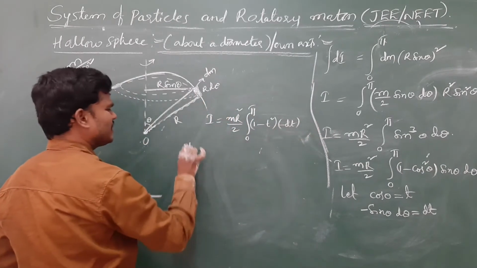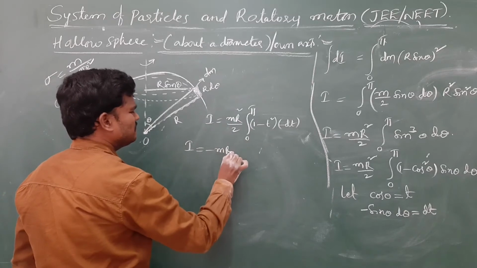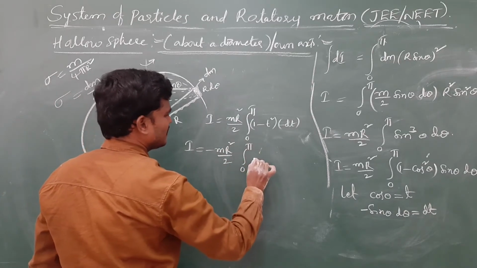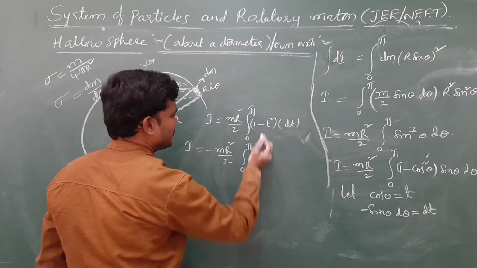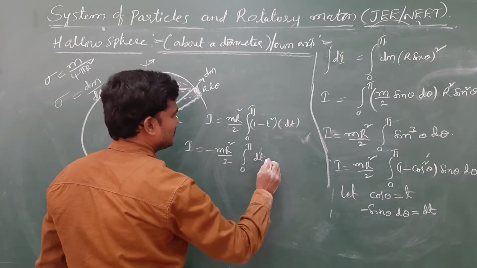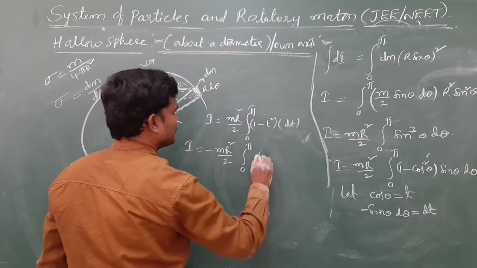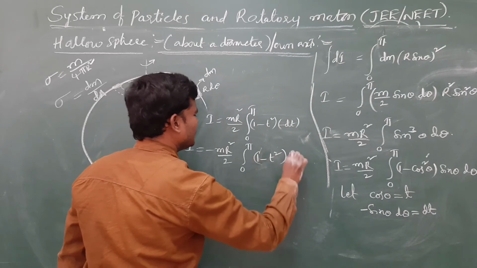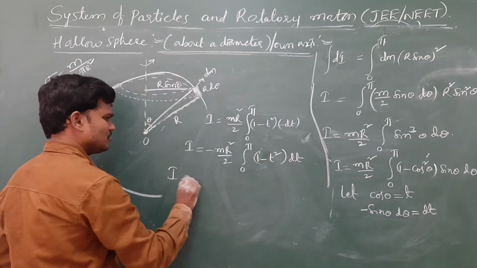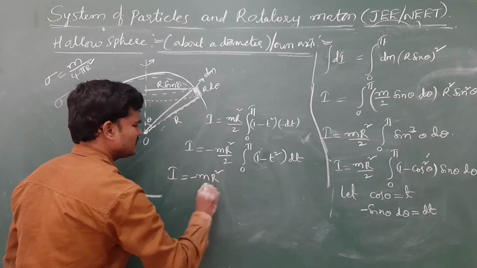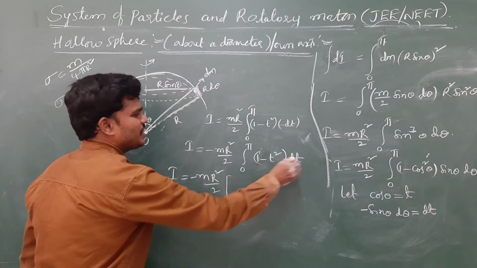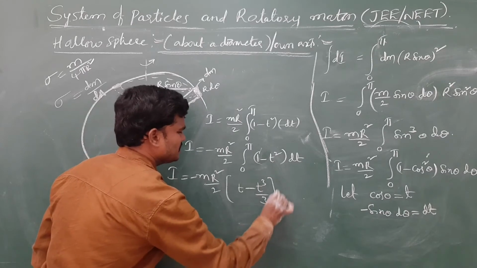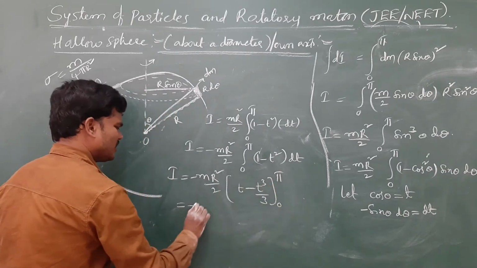Write the minus in front: minus m r square by 2, integral of 1 minus t square dt. So I is equal to minus m r square by 2 times the integral of 1 dt, which is t, and t square is t cube by 3, from 0 to pi.